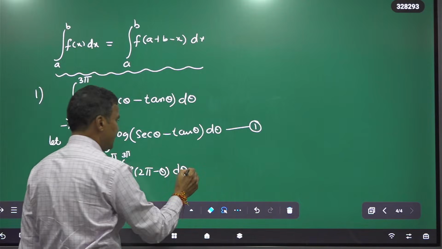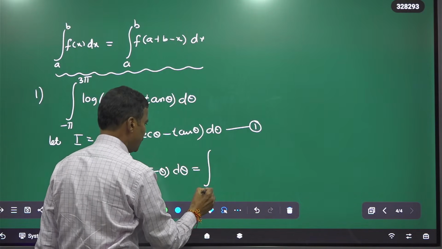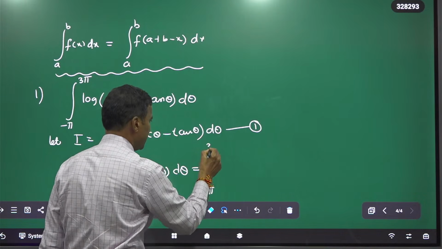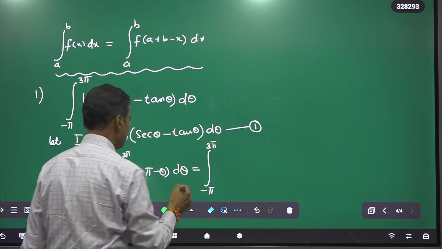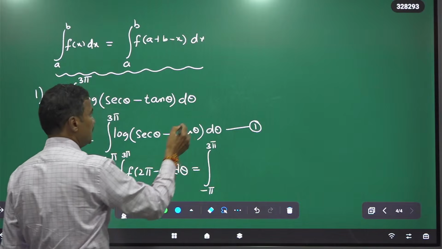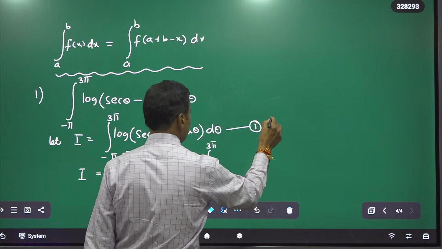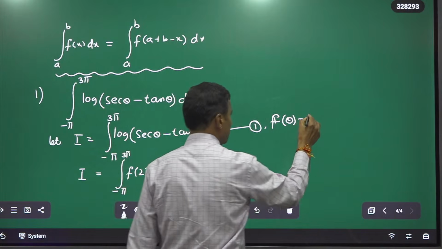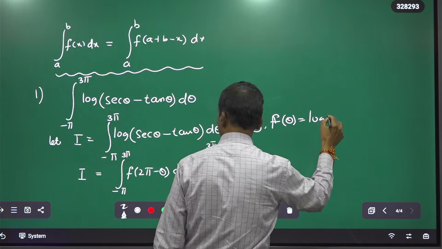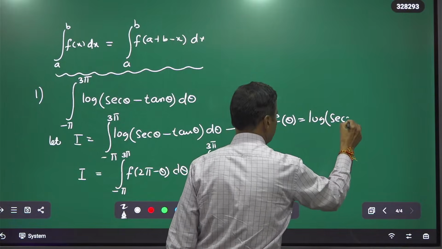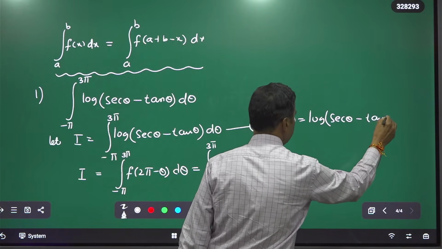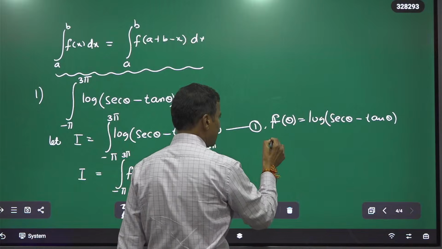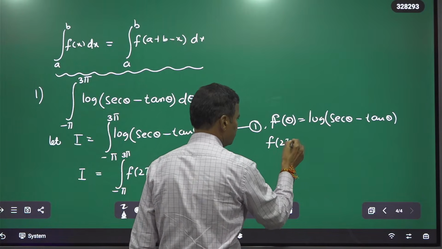Therefore, that is equal to the integral from minus pi to 3 pi of f of 2 pi minus theta, where f of theta is log of secant theta minus tan theta. What is f of 2 pi minus theta?